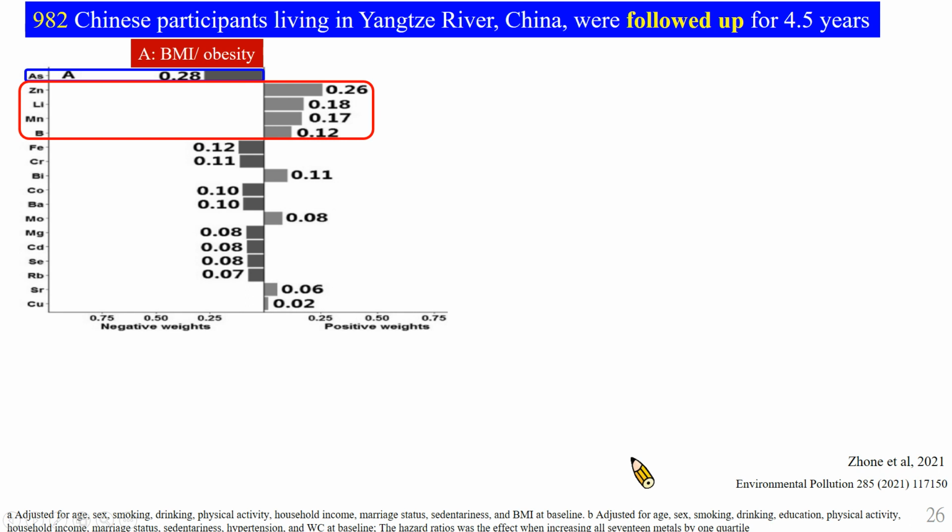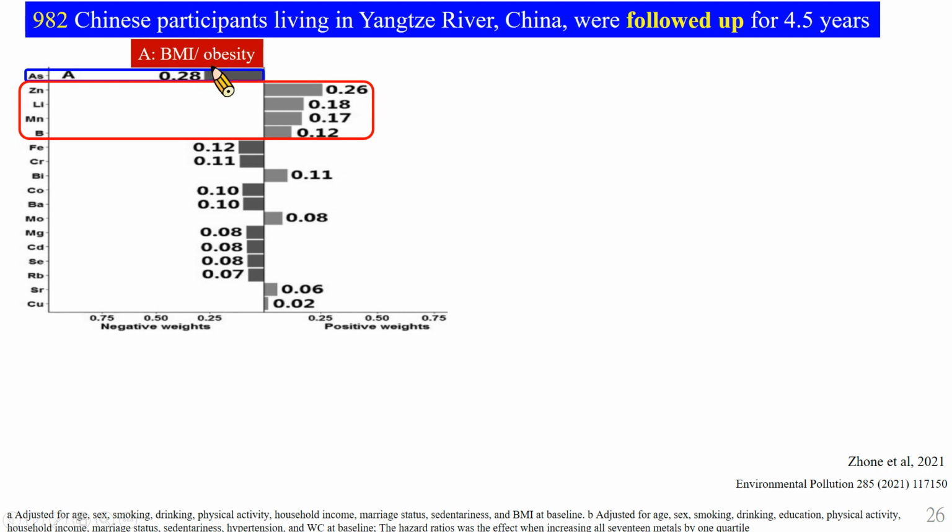Also, there's a follow-up study in China as well. This study involved 982 Chinese participants living along the Yangtze River in China, and the authors followed them up for 4.5 years. Again, the authors tried to compare metal exposure and the risk of obesity, and in this case obesity is defined by body mass index.